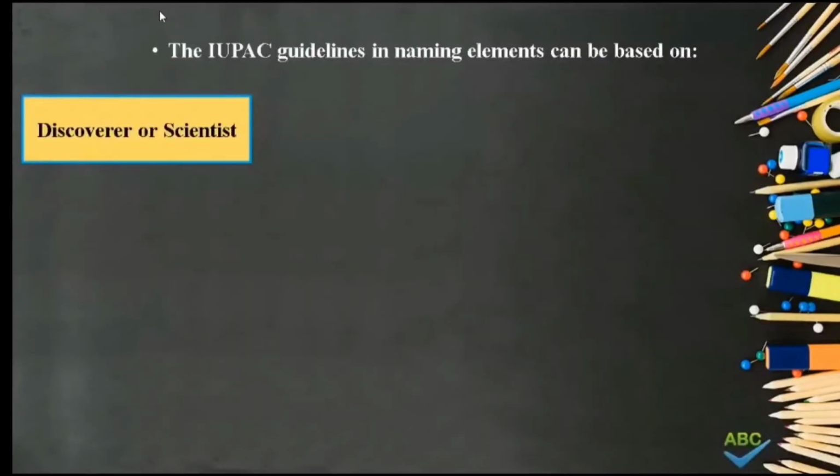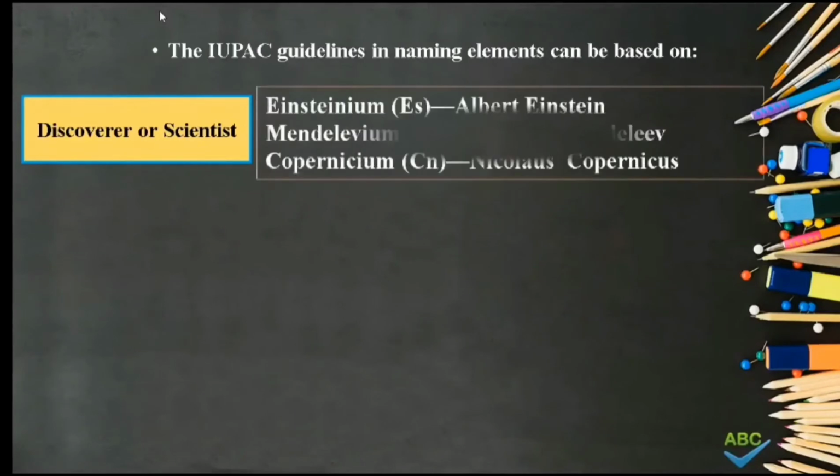The IUPAC guidelines in naming elements can be: number 1, based on the discoverer or scientist, such as Einsteinium, named after Albert Einstein; Mendelevium, named after Dmitri Mendeleev; Copernicium, named after Nicholas Copernicus.